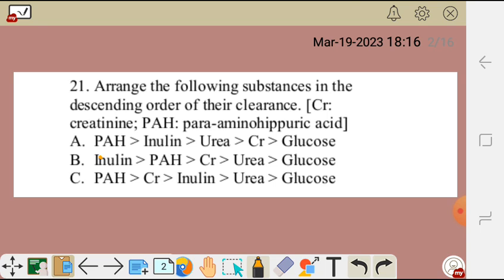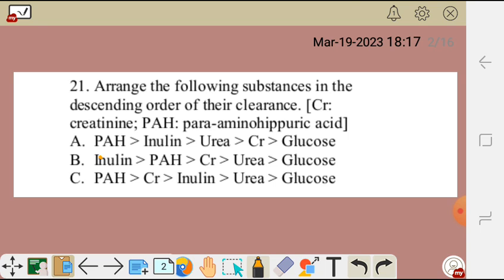That is, if it is secreted and it is also filtered by the glomerulus, then its clearance is greater than that of inulin. But if it is filtered and reabsorbed, then that substance will have a clearance which is lower than that of inulin.